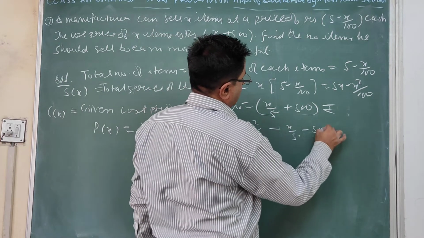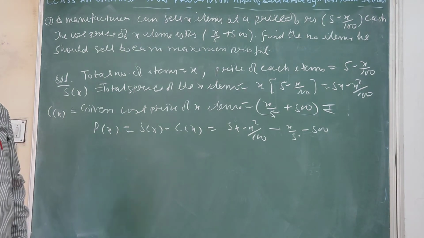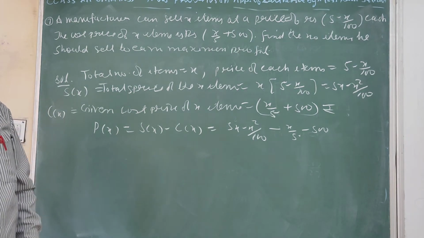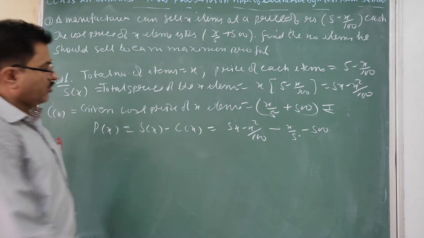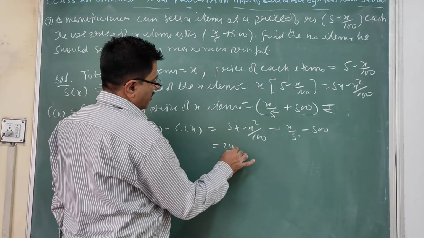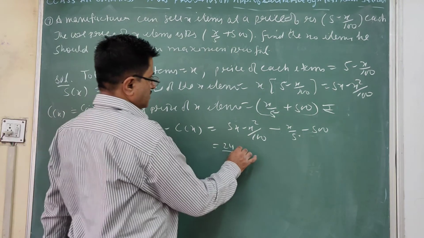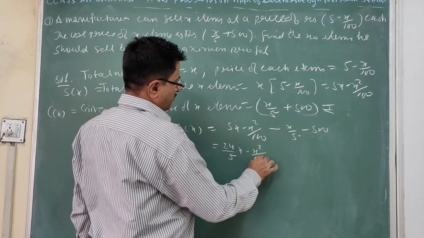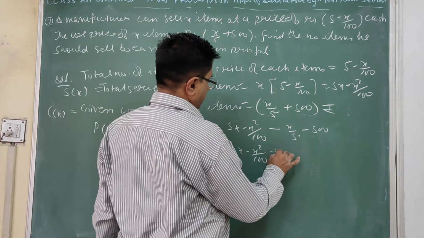So this is again a function. Clear? You can solve this function and find the derivative. So we can simplify it. The value will be 24 by 5 x minus x squared by 100 minus 500.